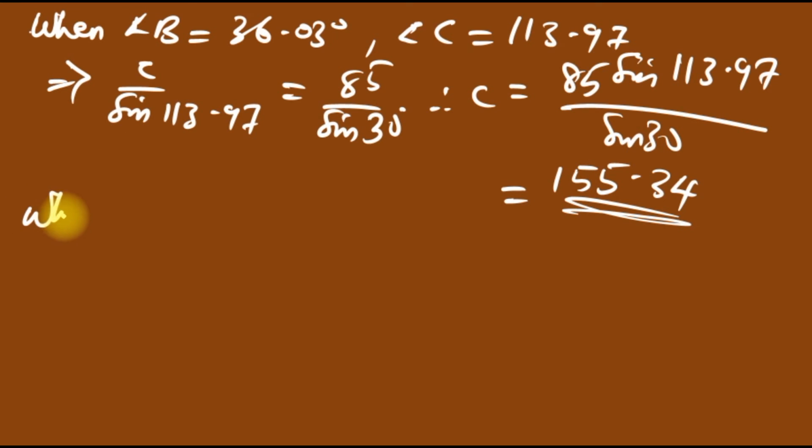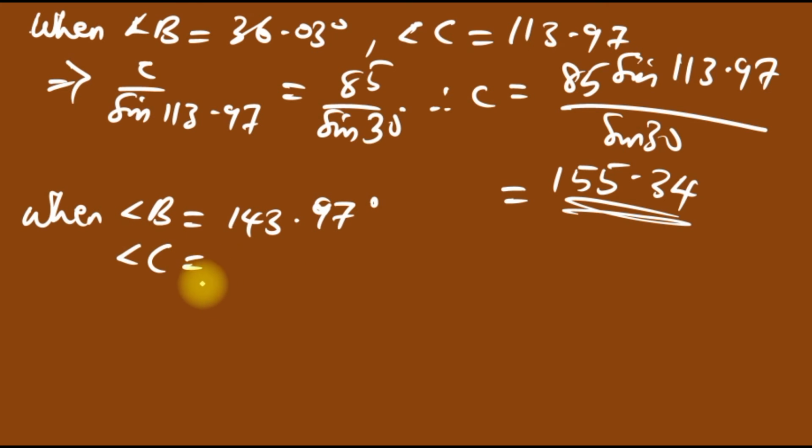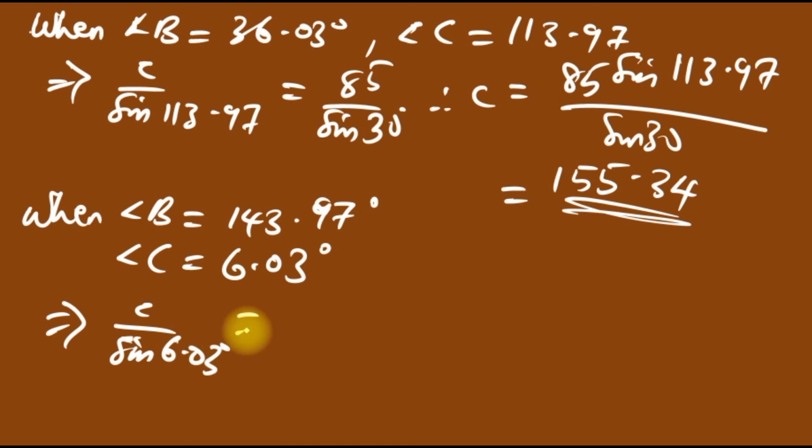Again, when angle B is 143.97, our C is now 6.03 degrees. Applying sine rule again, we have c over sine 6.03 degrees must be equal to 85 over sine 30.